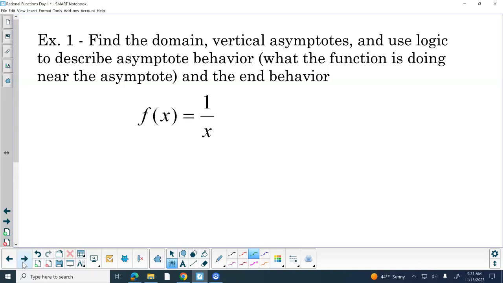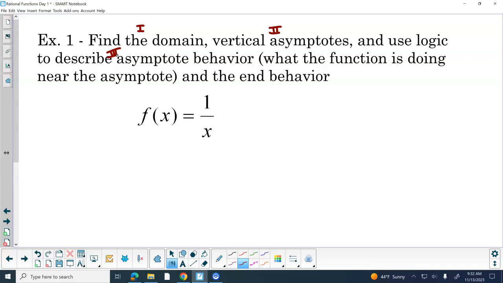Okay? So first off, we have to find the domain. Second thing we got to do is find the vertical asymptotes. Third thing we've got to do is describe asymptote behavior, which I'll talk to you about in a minute.